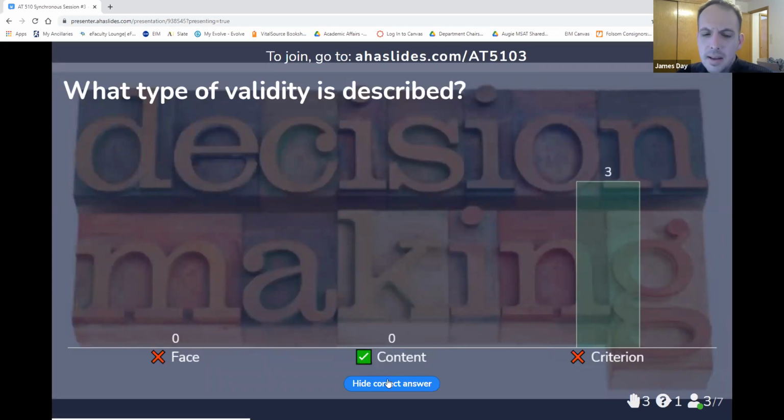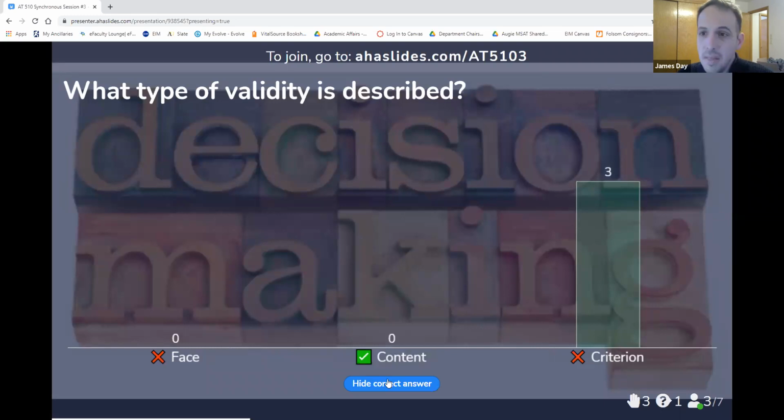Criterion-related validity is when we take something that is already considered valid and we compare the new measure to that measure, right? So think of criterion as the gold standard, right? We're comparing the new measure to the old measure, and we're using the old measure's determined validity as now the new measure's.